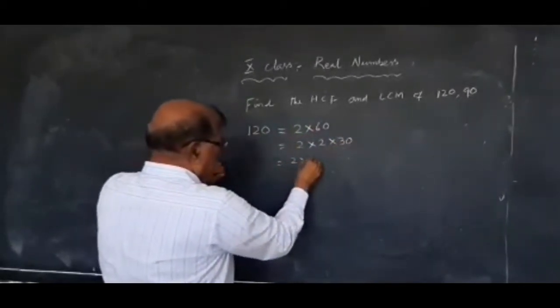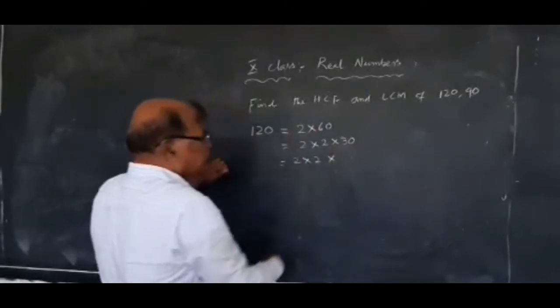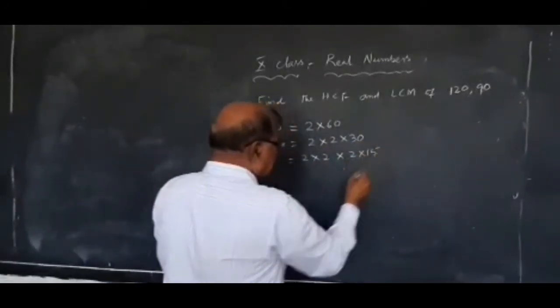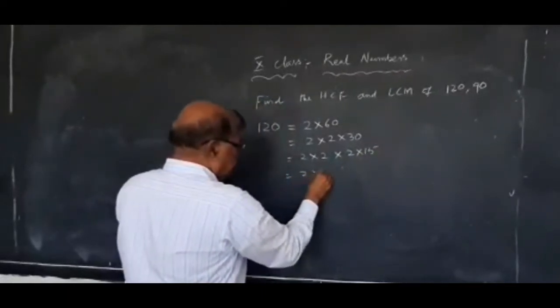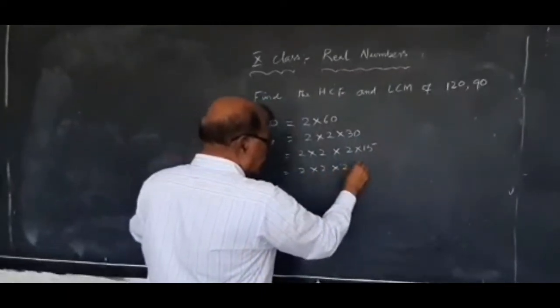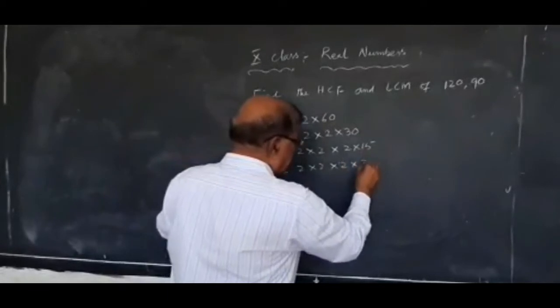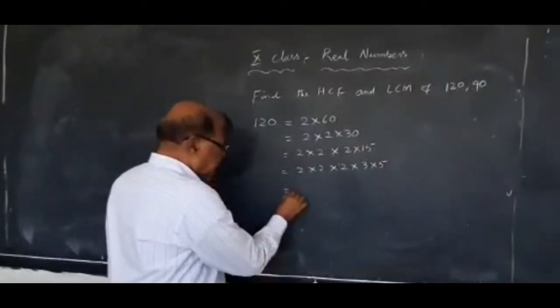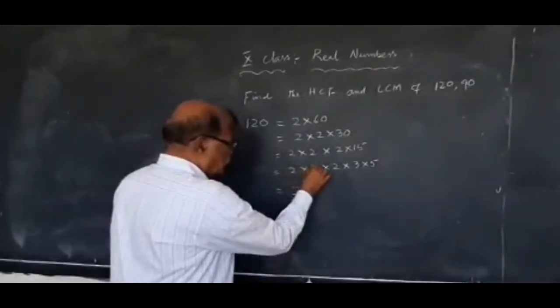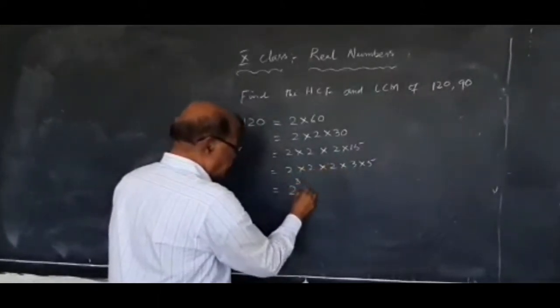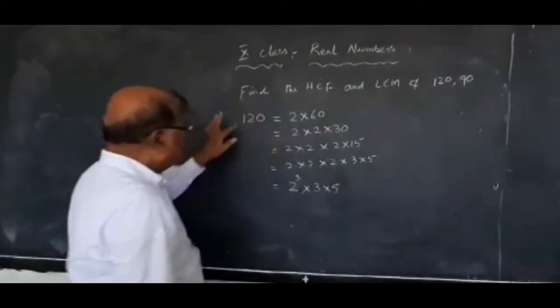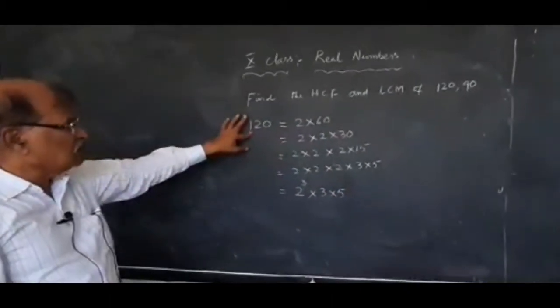Take this 2 and 2 into 15. So this is 2 into 2 into 2 into 15, and 15 can be written as 3 into 5. So this can be written as 2 to the power 3, 3, 5, which are the factors of 120.